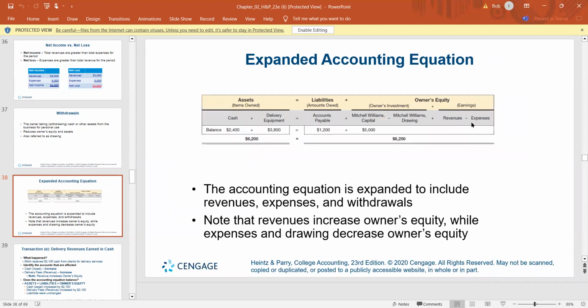The accounting equation is now expanded to include revenues, expenses, and withdrawals. And with that, we're done with building up the equity. You're not going to have to worry about any more categories until accounting 230 maybe. Note that revenue increases owner's equity, while expenses and drawing both reduce it.